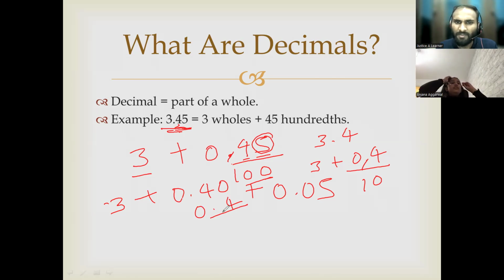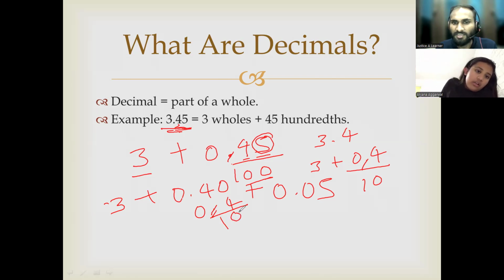So now can you tell me what will be the value under this? If we cancel out this decimal point and we write 1, then how many zeros will be kept here? One zero. So now 4 is standing at which place value? Tenth or hundredth? Tenth. Great. You understood.